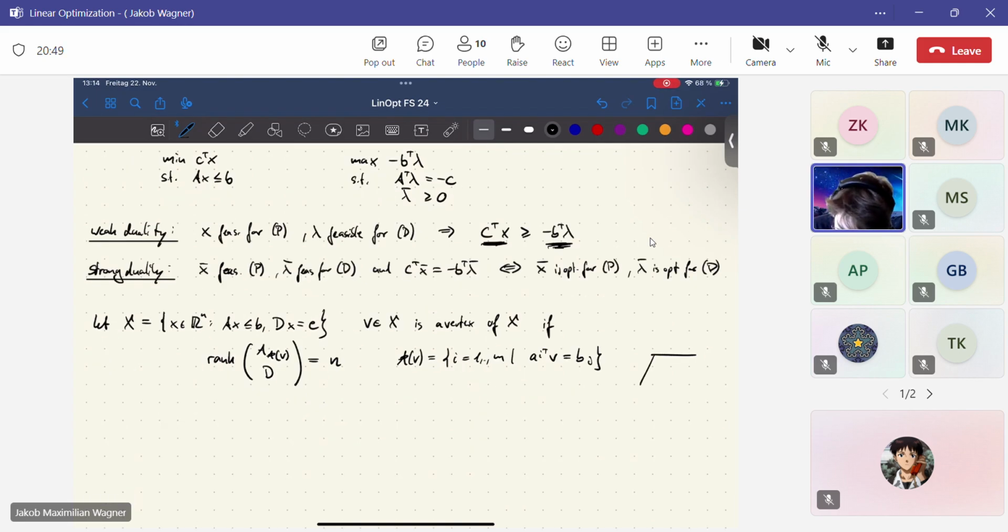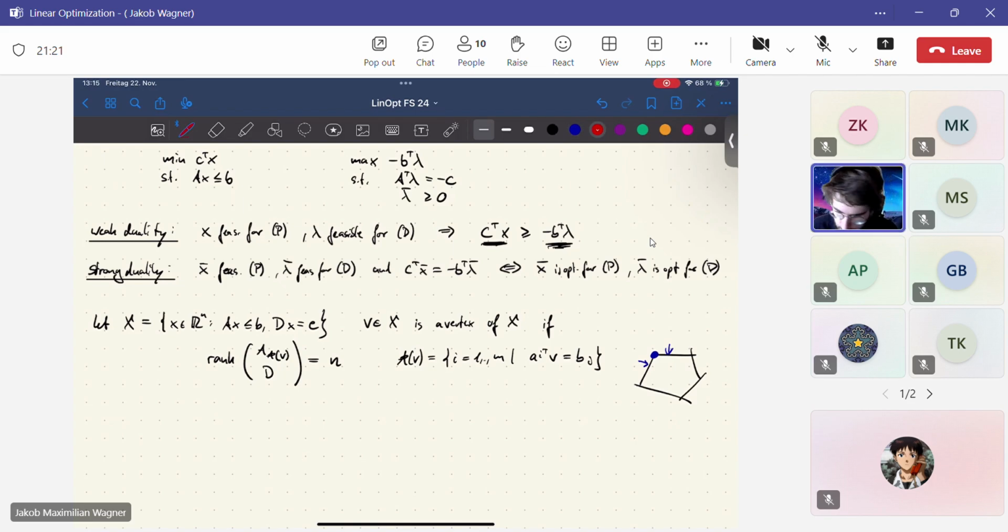If you have a set that looks like this, then you want to call this point a vertex if we have two inequality constraints that meet at this point and that satisfy that the normal vectors are linearly independent. So we don't have two constraints meeting in this way. So it's just a flat continuation, but we really have this vertex here. And this then generalizes with this rank condition to arbitrary dimension.